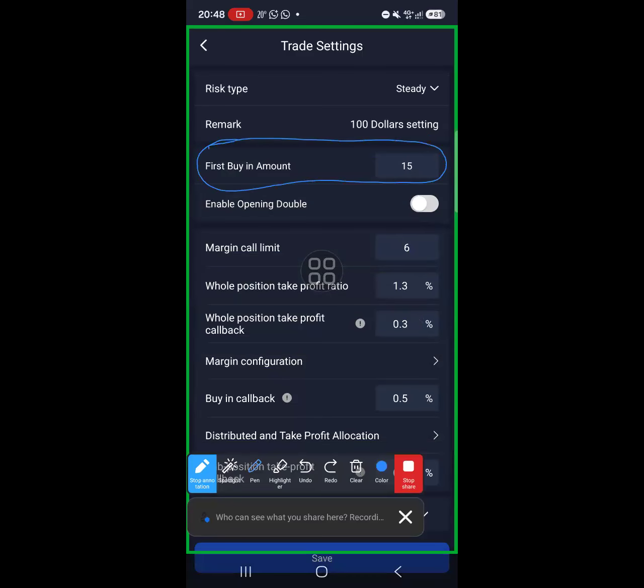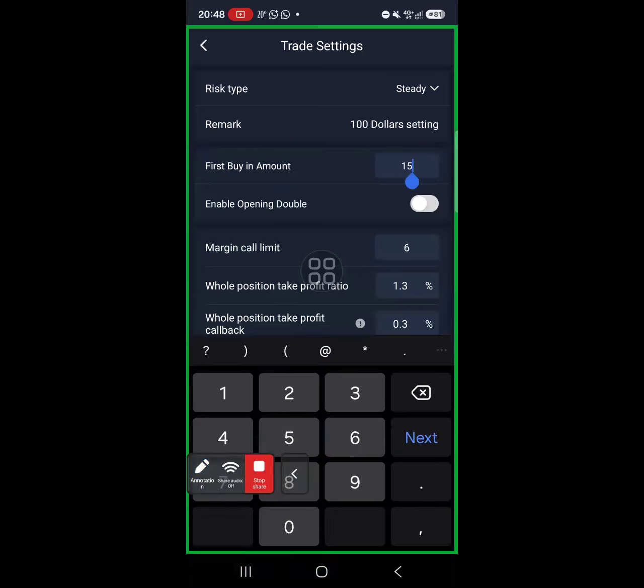If you put, for example, 10 as your first buy-in amount, the moment you come and pick this strategy to use, it goes back to the recommended or default one. So it is better to edit the first buy-in amount when you are setting the trade.